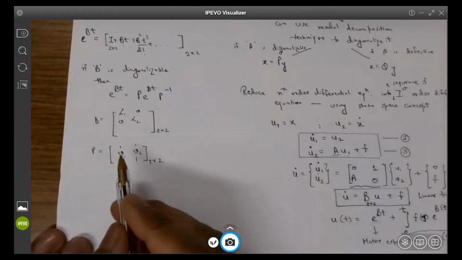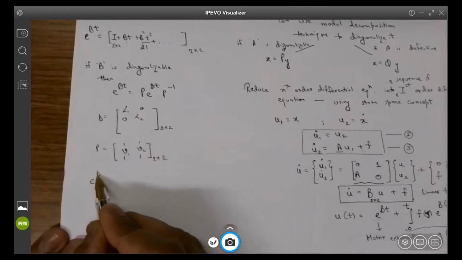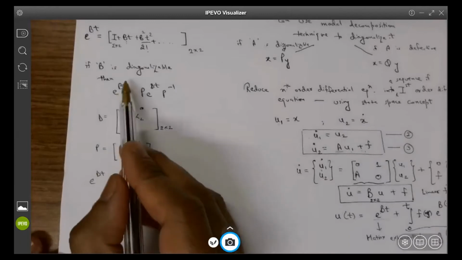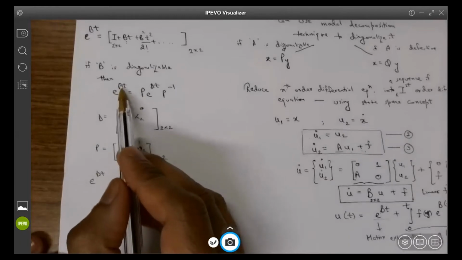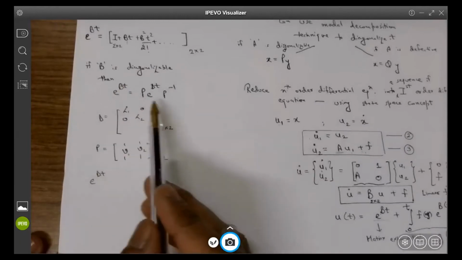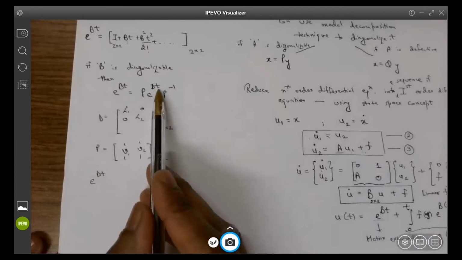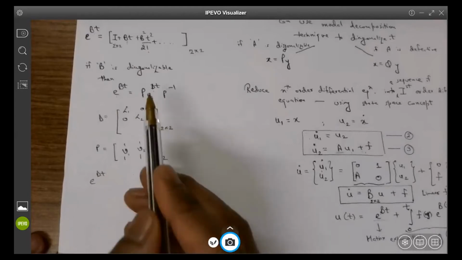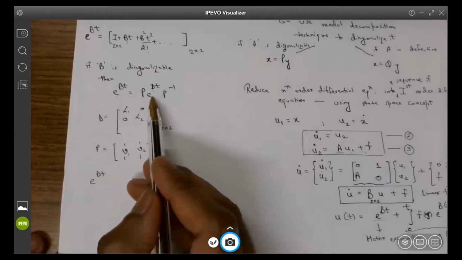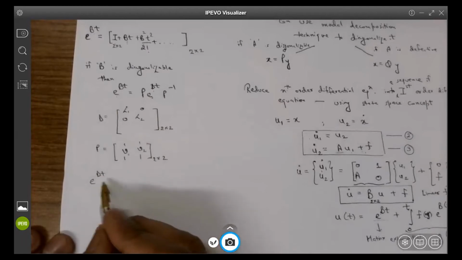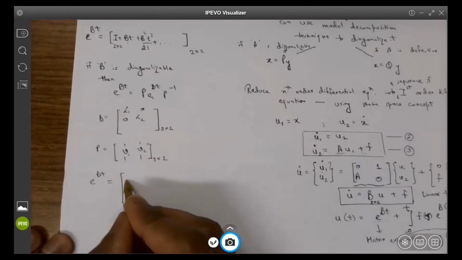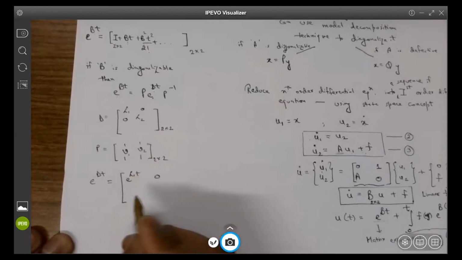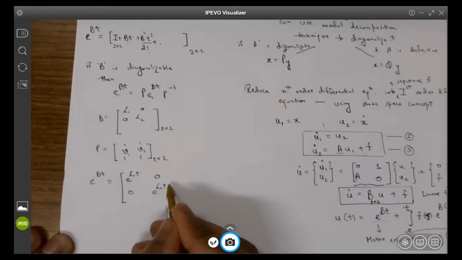And e^(Dt): I replace e raised to the power of the matrix Bt with e raised to the power of Dt. Again, I'm replacing one matrix exponential with another, but the advantage is that I can write this as the diagonal matrix with e^(lambda 1 t) and e^(lambda 2 t).